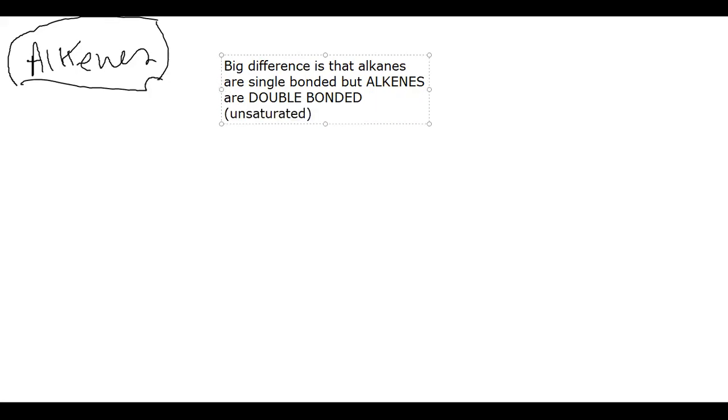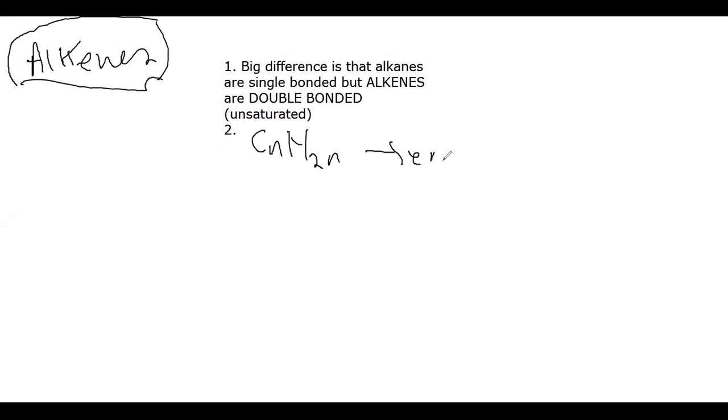We say that it is unsaturated. And the general formula is also different. The general formula for alkenes is CnH2n.